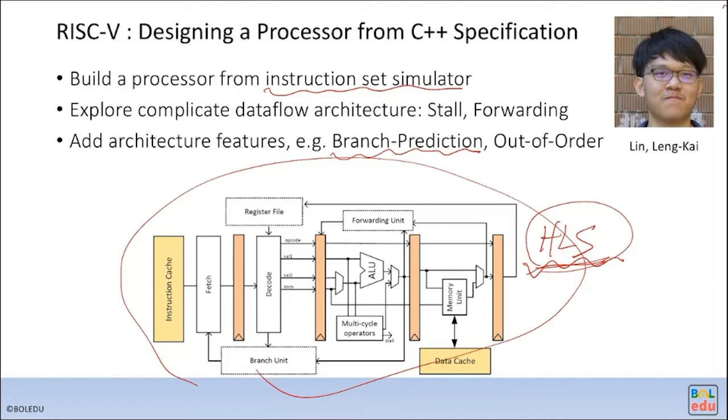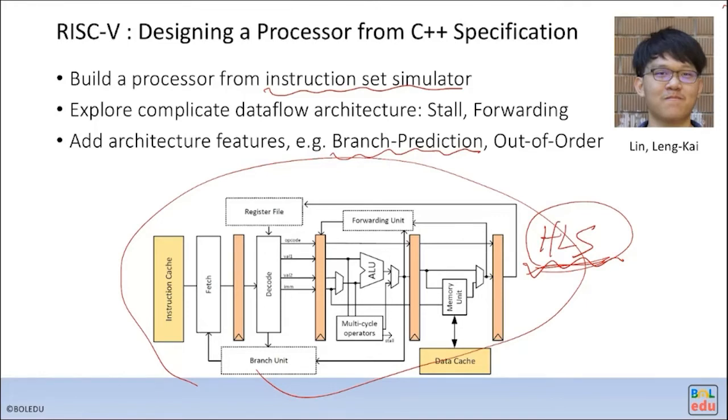Okay. And then people take your instruction set manual or document to design the processor to make sure the instruction is compatible. Okay. So why don't we just simply take the C code, C++ code of the instruction set simulator and turn it into the actual design.